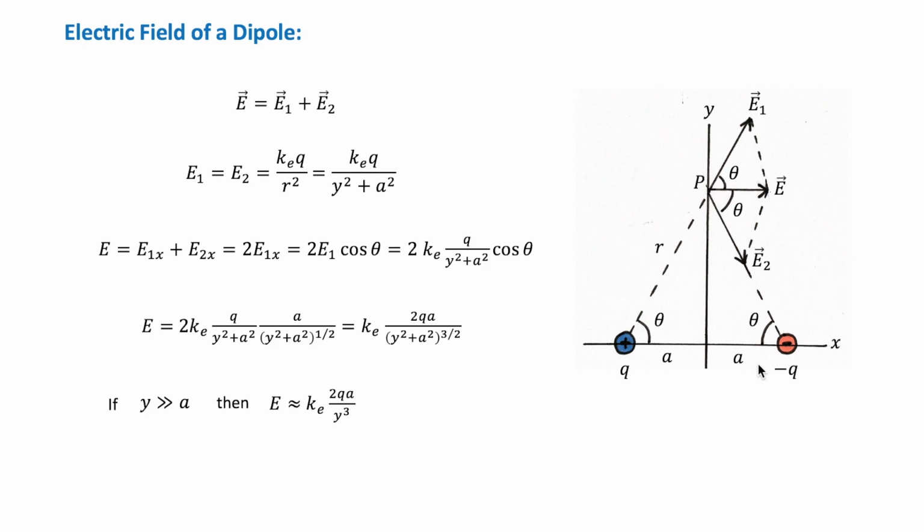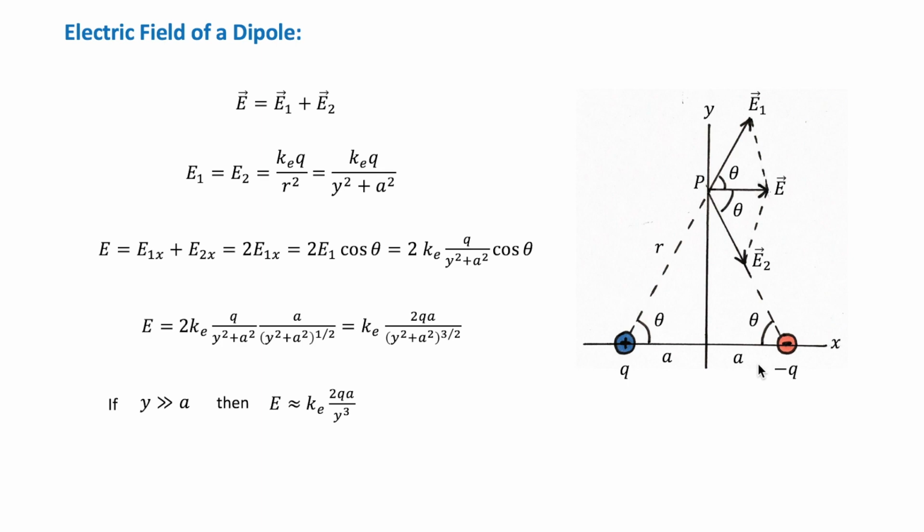And many charged systems can be approximated either as a static dipole or an oscillating dipole if they are oscillating, okay? So, for example, we will see in other videos that in an external electric field, neutral atoms and molecules behave as dipoles.